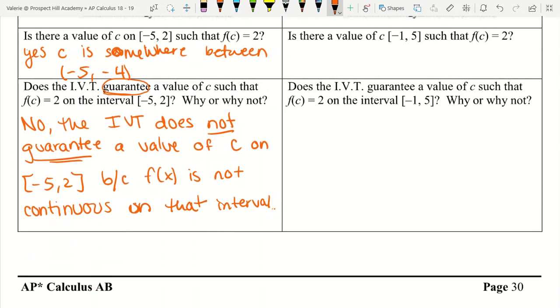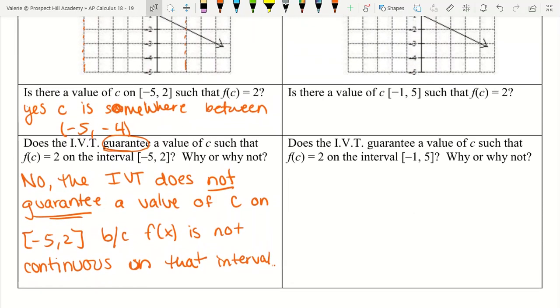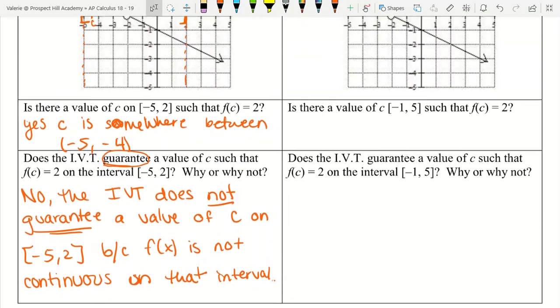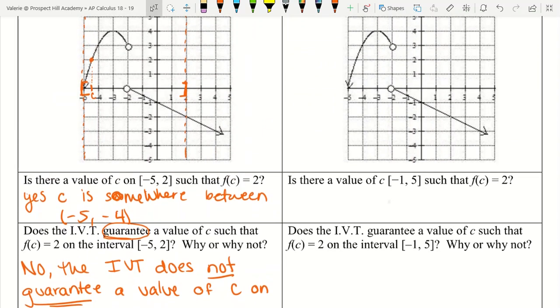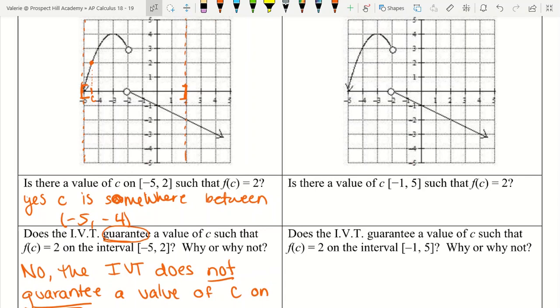So although there is a c that exists, it exists regardless of IVT. IVT did not guarantee that that would exist because this is not continuous.